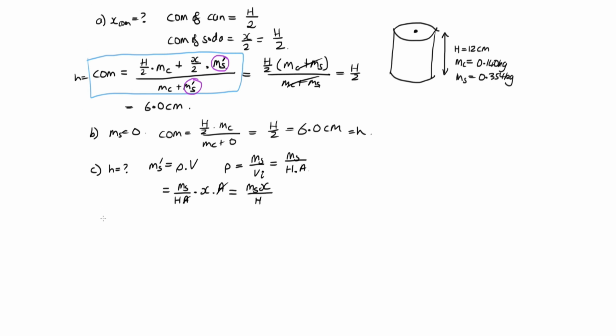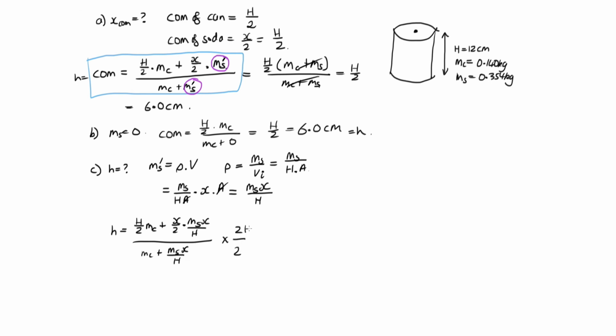Okay, so our expression for the center of mass is equal to h over 2 times the mass of the can plus x over 2 times the mass of the soda, which is the initial mass of the soda times x on h, over the mass of the can plus the mass of soda in the can, which is given by ms x on h. Okay, so let's times the top and the bottom by 2.